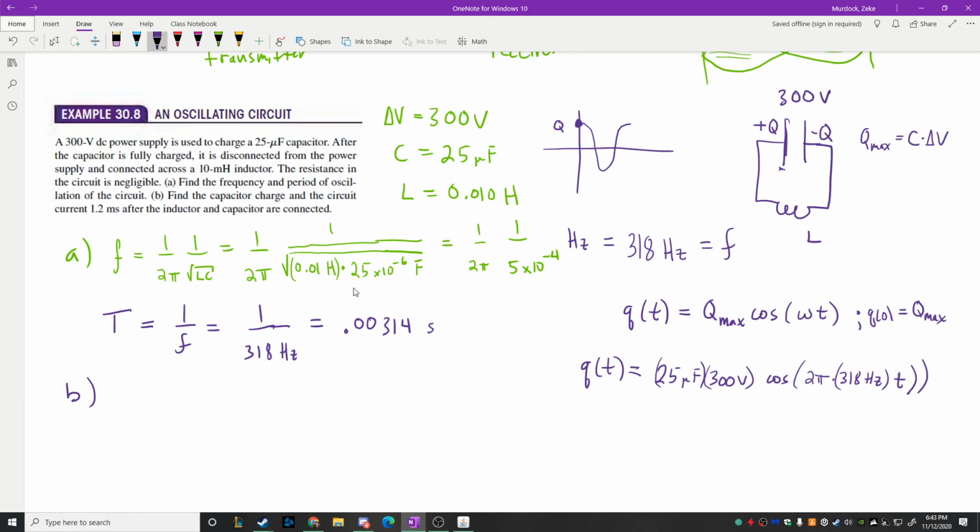Here, let me actually calculate what some of these things are. Yeah, so 2,000. And then the other one will be 0.0075.